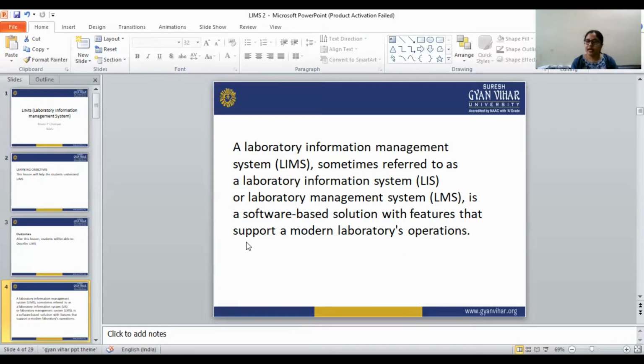With the help of those configuration tools, the customer can add menus and functions in the particular LIMS. Means the configuration tools are provided by the vendor. So these are the LIMS, and the next is rented LIMS.